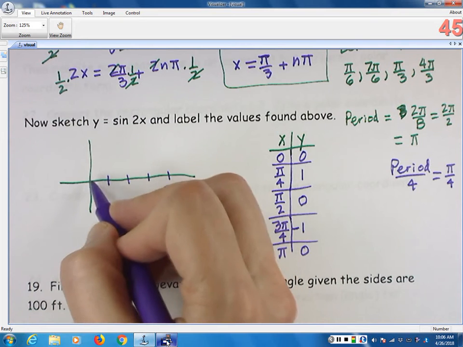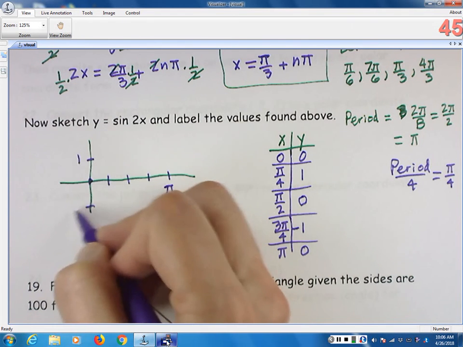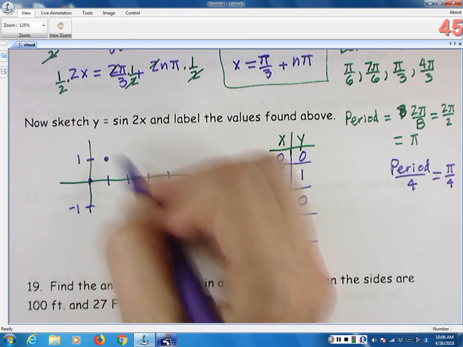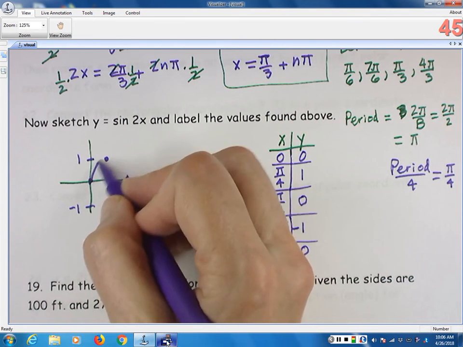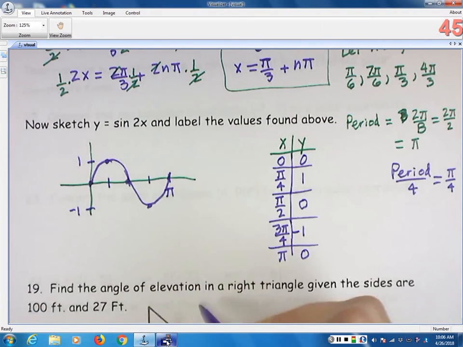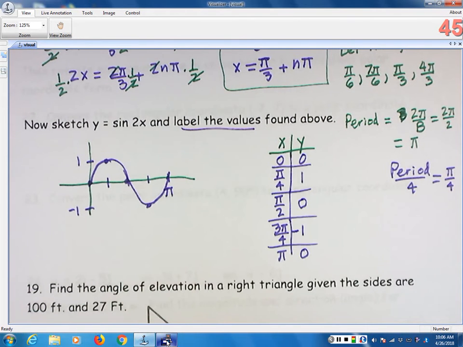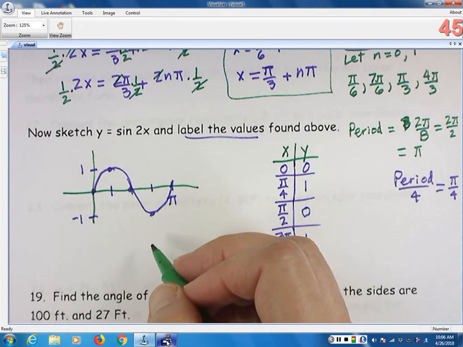But you're going to have 0 and then say this is 1. This is the sine function. And label the values found above, or mark them with a star or a dot. Well, I already put dots in, so I'm going to mark them with a star.